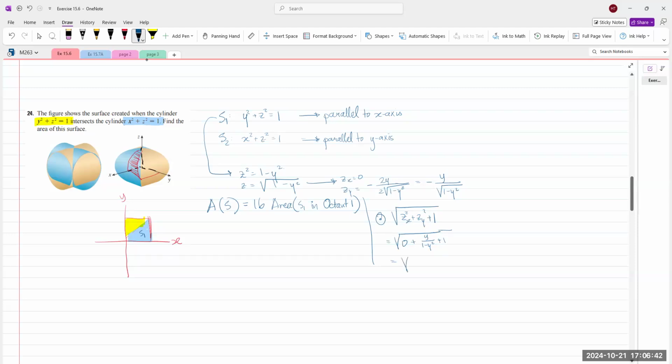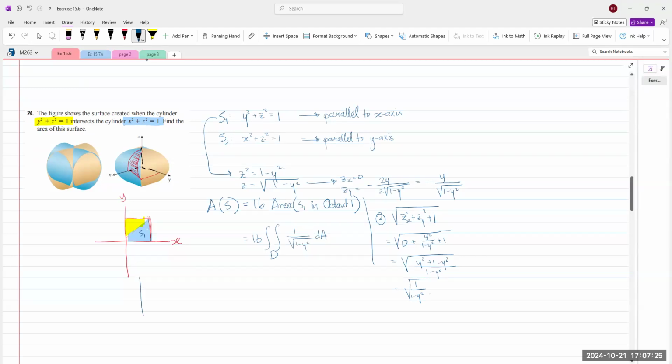This equals the square root of y squared plus 1 minus y squared over 1 minus y squared. That's basically the square root of 1 over 1 minus y squared, right? That's the integrand. So this is 16 times the double integral over domain D, the triangle, the shadow of S1 in the first octant, of 1 over the square root of 1 minus y squared dA.